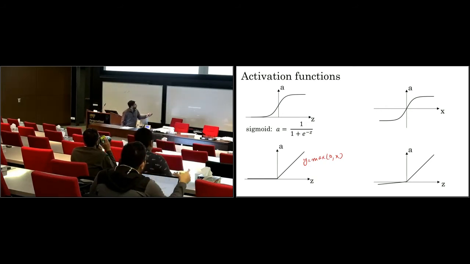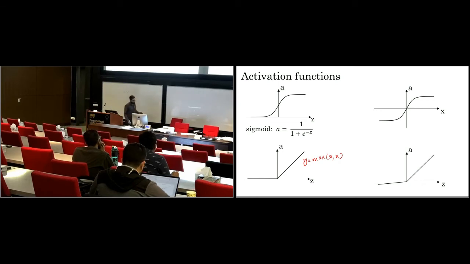There is a modified version of this function which is called a leaky ReLU. Again, does anybody want to take a shot at it? If this is y equals max of 0 and x, does anybody want to write a function for this? How would we write this function? I'm going to give you a hint.